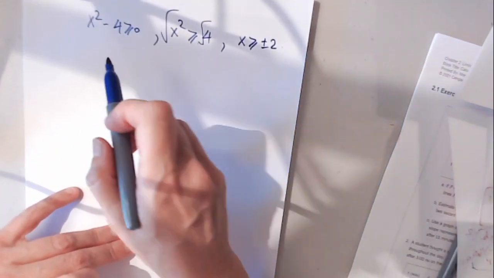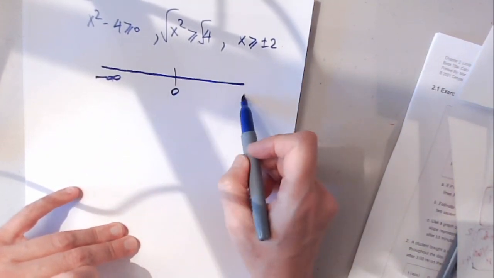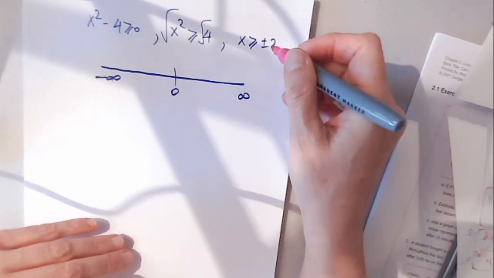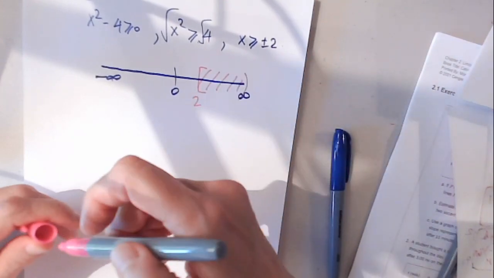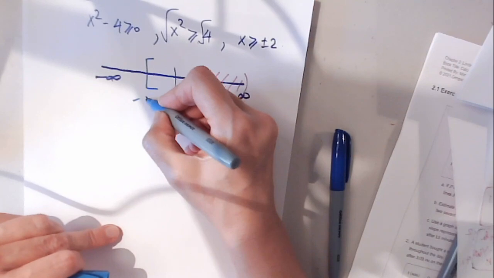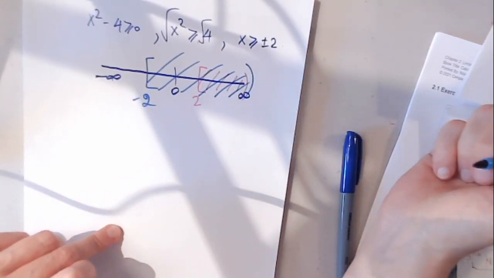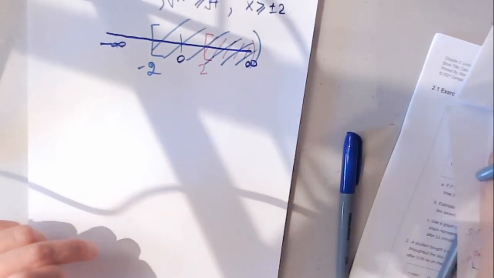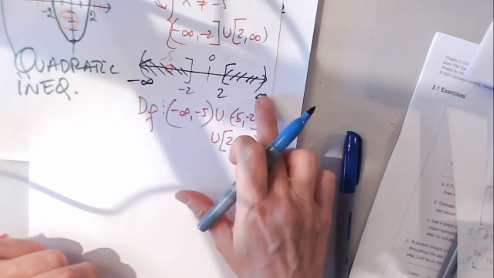So this is what this means: x greater than or equal to positive 2 and x greater than or equal to negative 2. Where actually the solution is negative infinity to negative 2, union 2 to infinity.